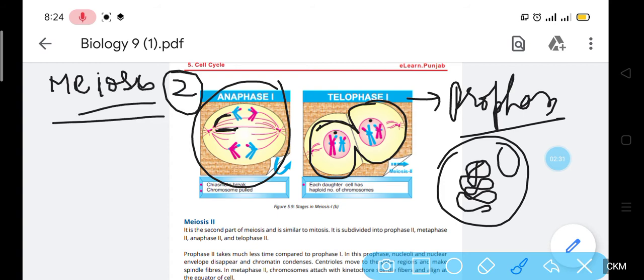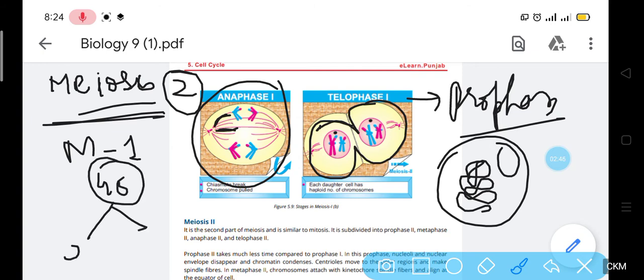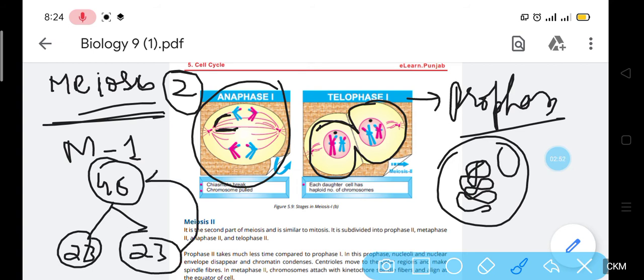So basically, students, the most important thing we should know before going on, listen to me very carefully. In meiosis 1, what happens? One parent cell splits into two daughter cells, and that is 23 and 23. This means the daughter cells produced have half the number of chromosomes as compared to the mother cell.